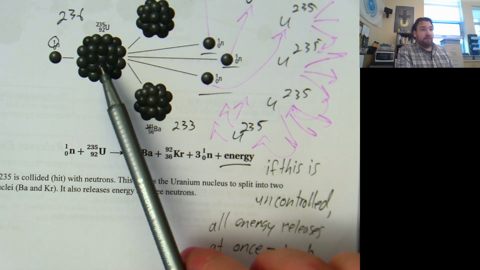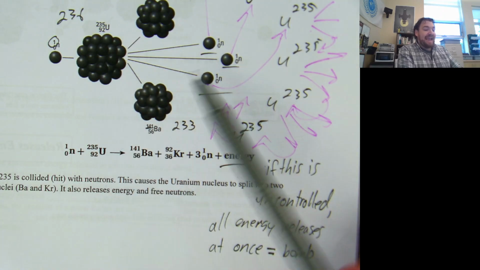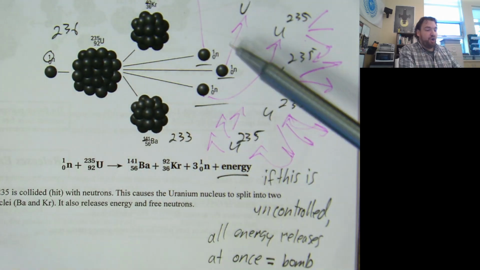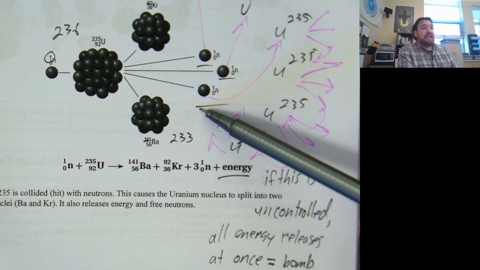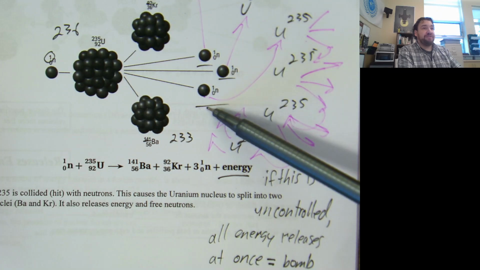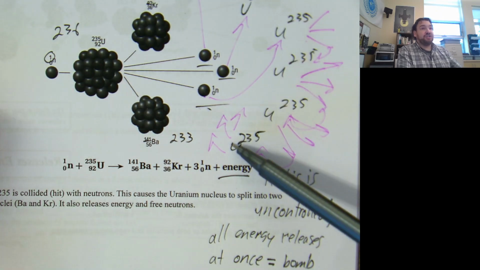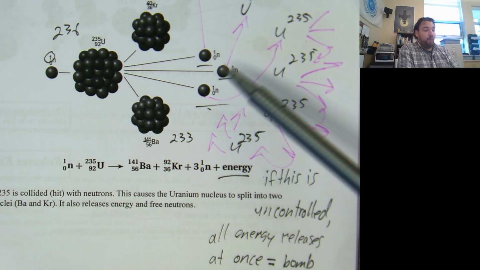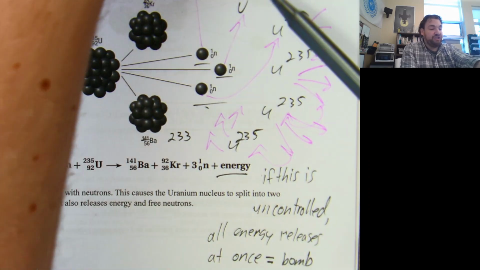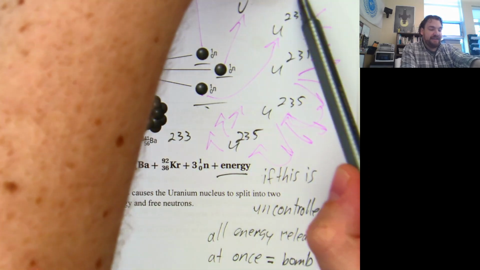We use a smaller amount of uranium, and the real problem with the uncontrolled nature of it is all these bonus neutrons. If you can figure out a way to contain these bonus neutrons, then the reaction doesn't go uncontrolled. If you only let 1 out, then that guy's going to hit that guy, and then that guy's going to hit that guy.